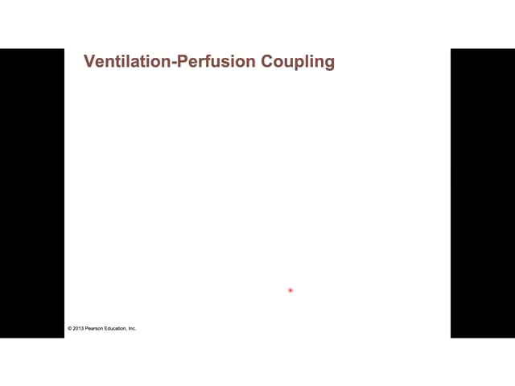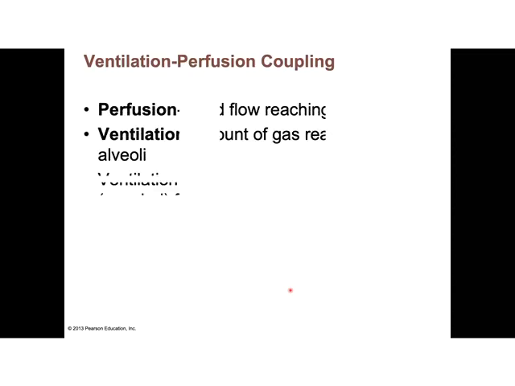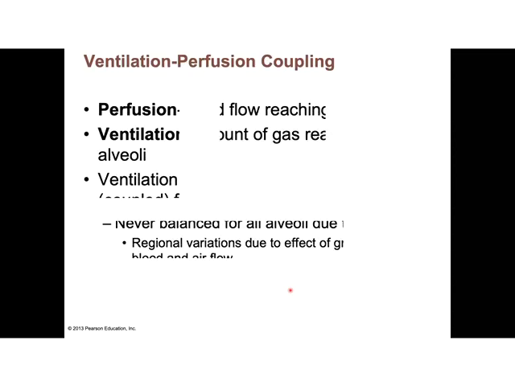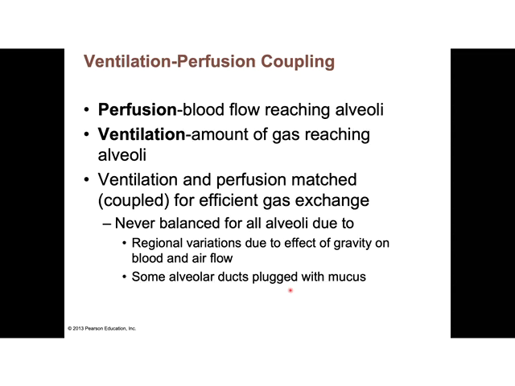Now, ventilation-perfusion coupling is a method that the lungs use in order to get blood and inhaled air to meet up in the lungs in the most effective way, such that areas of the lungs with the greatest ventilation become the most perfused. Okay?